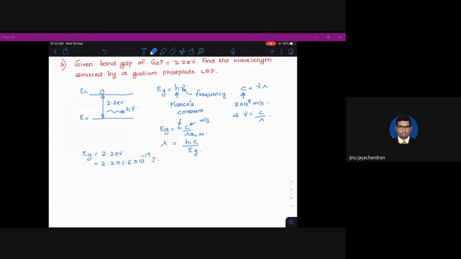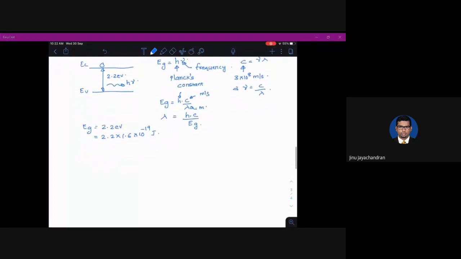Your h is equal to 6.6 into 10 raised to minus 34 joule seconds, and your c is equal to 3 into 10 raised to 8 meter per second. Please substitute these values in this equation and tell me the value of lambda.